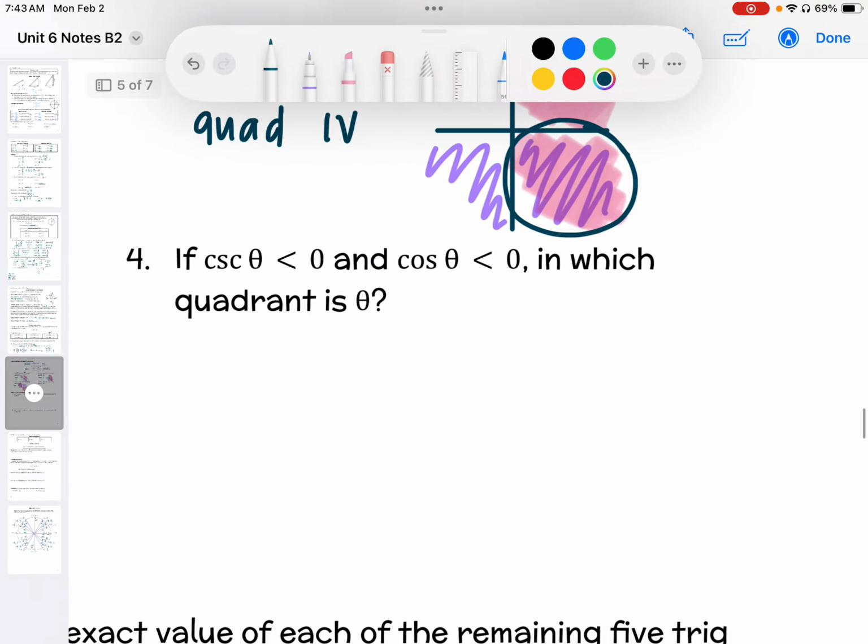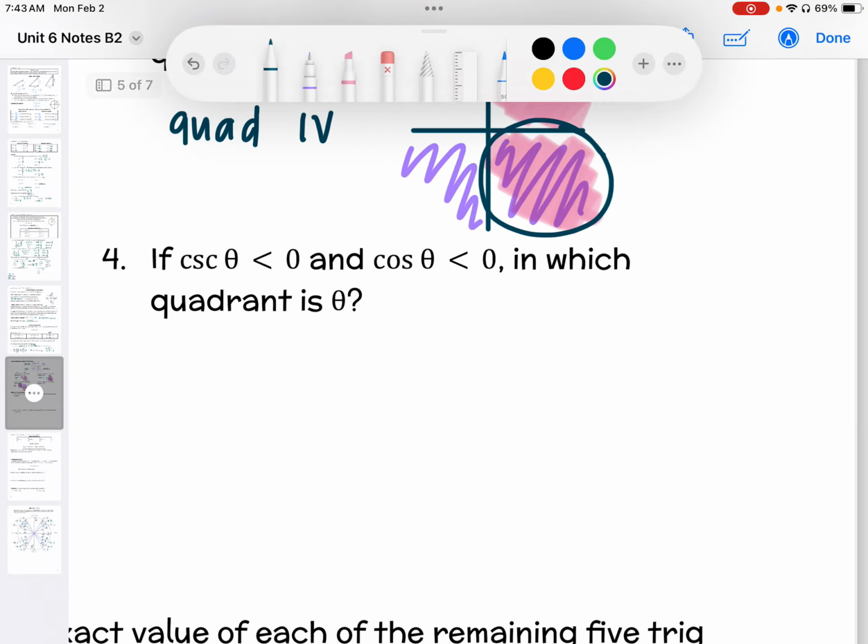All right, if cosecant is less than 0, we're going to go ahead and do that. And we can think about it too, if you don't memorize where each thing is, as long as you memorize the ratio, like cosecant is the reciprocal of sine, so that would be 1 over y. And then cosine is just x.